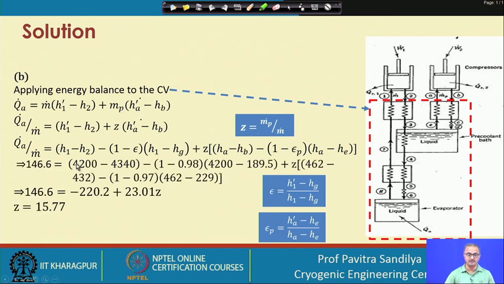So we just plug in the values, and we find this is the value of Z. This Z is nothing but m_p by m dot, that is, the ratio of the precoolant flow rate to the flow rate of the actual process gas. This is the value of Z we obtain after plugging in the values of the various enthalpies and the heat exchanger effectiveness.